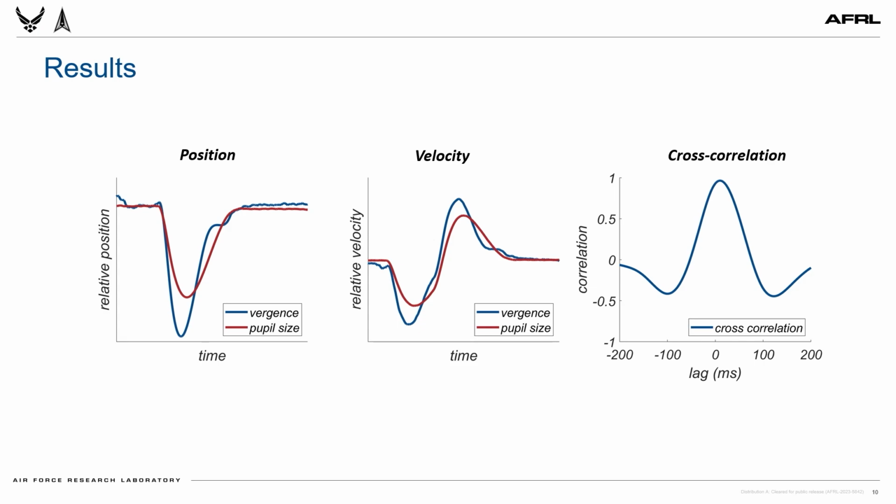So we get a function of Pearson's R as a function of temporal lag between the two. For this particular trial, you can see a very strong correlation, close to perfect, like 0.97, that occurred at about 10 milliseconds after the change in vergence velocity.